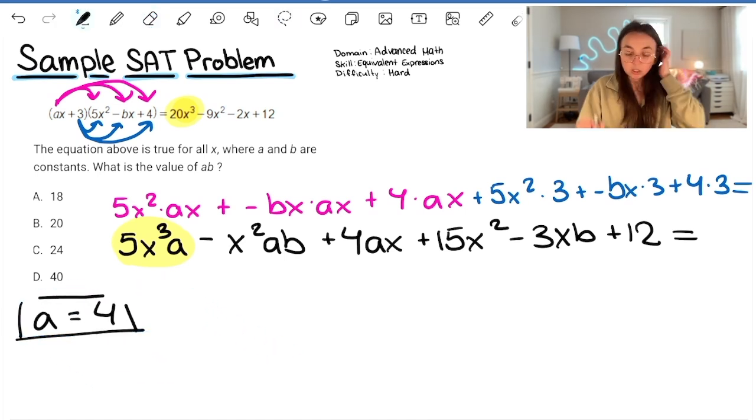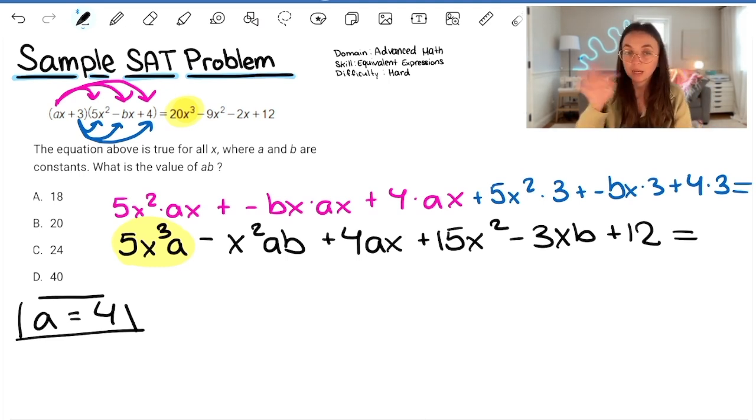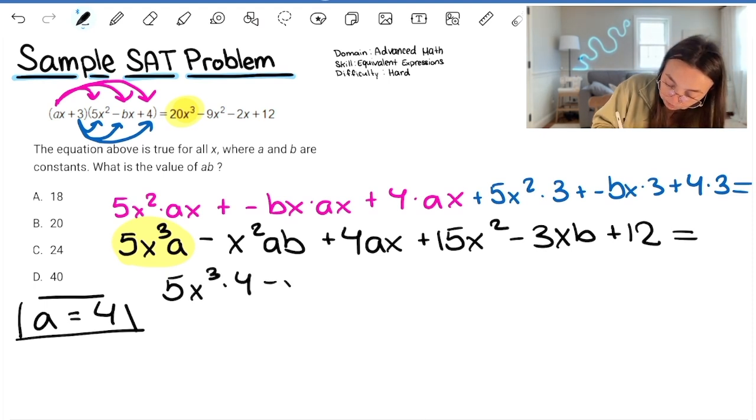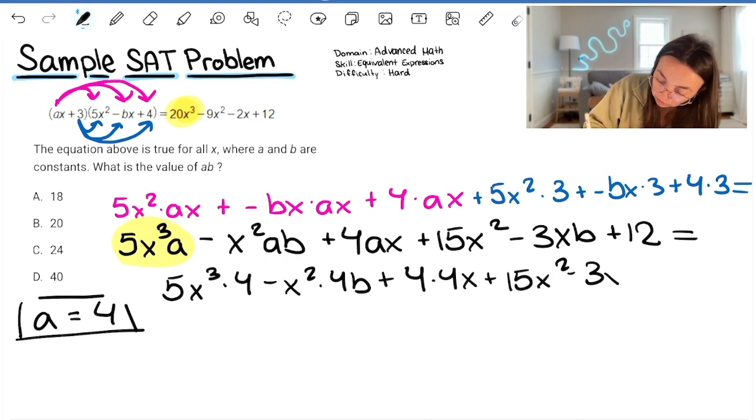So now what we want to do is insert a equals 4 into the black piece that we have here, okay? You don't necessarily need to do everything, but we're going to do it just because I'm showing you how this problem works. So times 4 times b plus 4 times 4x plus 15x squared minus 3xb plus 12 equals.